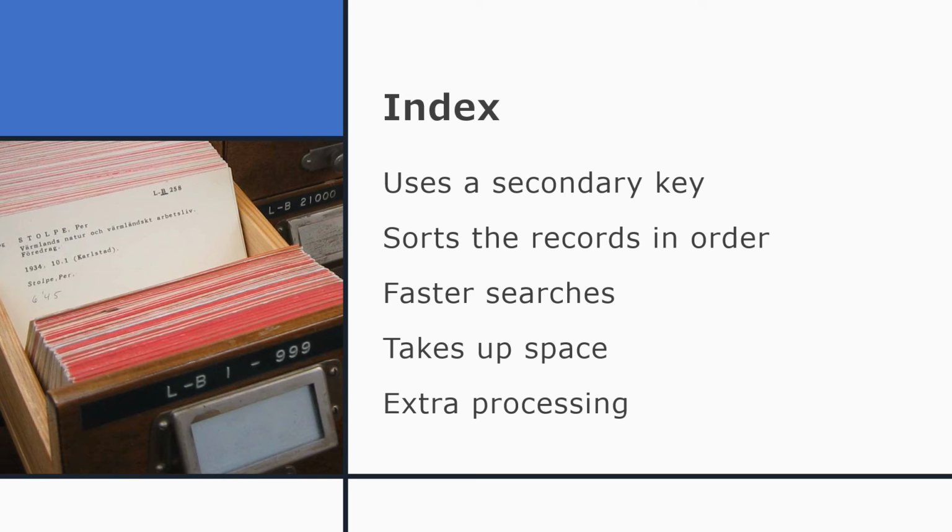I'd like you to cast your mind back to when we did binary and linear search. A binary search is much faster, but it will only work on a sorted list. So an index is a way of remembering the sort order of one of the tables of our database. The disadvantage is that creating indexes uses up space and takes some extra processing, but the advantage is our searches are much quicker.